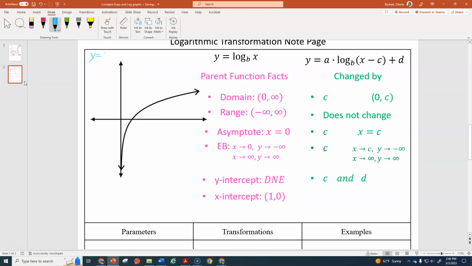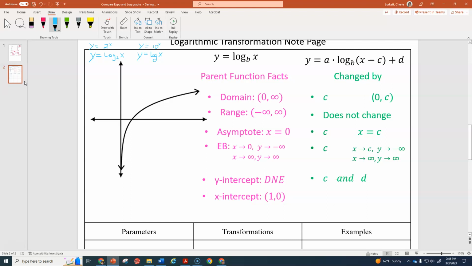We have log base 2 of x, that's the inverse of 2 to the x. Those are inverse functions of each other. And then we have the parent function just log, no base. There actually is a base, it's just understood to be base 10. That's the inverse of 10 to the x.